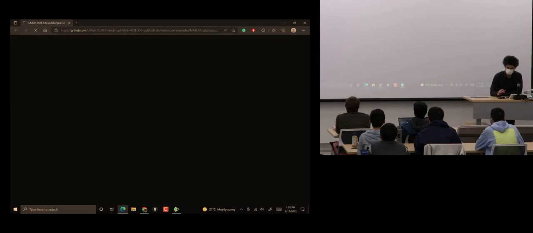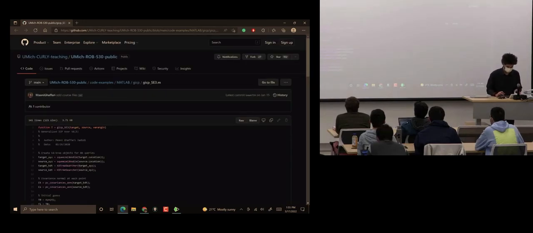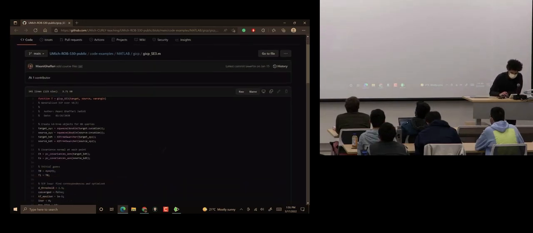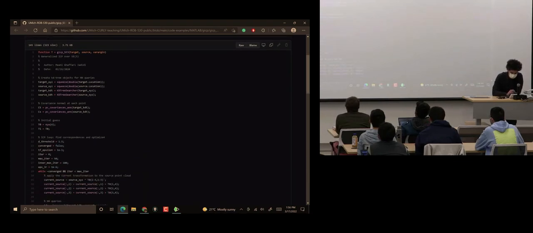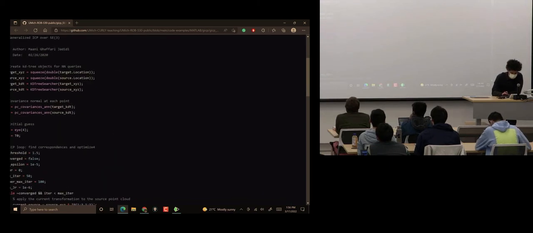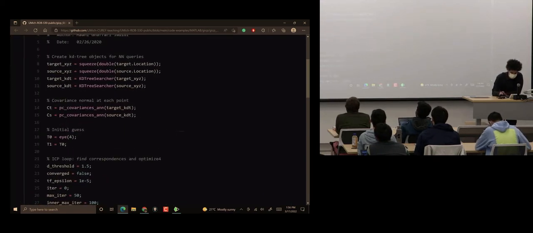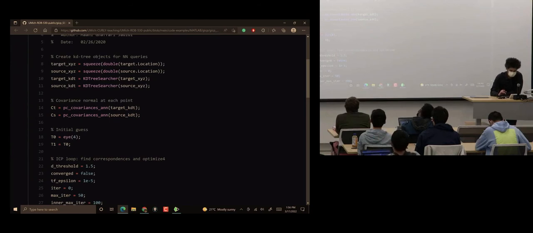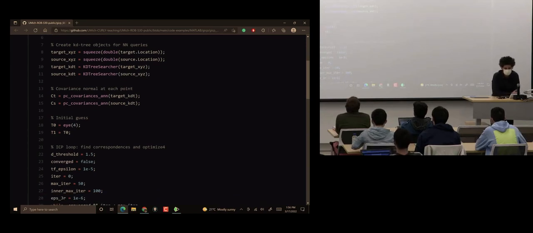So this is the code that I'm giving you. I implemented this for you. And you can see that in lines 8 and 9, I'm just squeezing them. I'm just getting the points, 3D points. So in lines 10 and 11, I'm constructing a KD-tree data structure. Don't worry about the syntax.